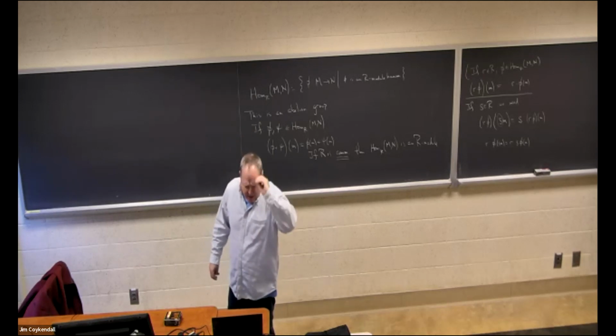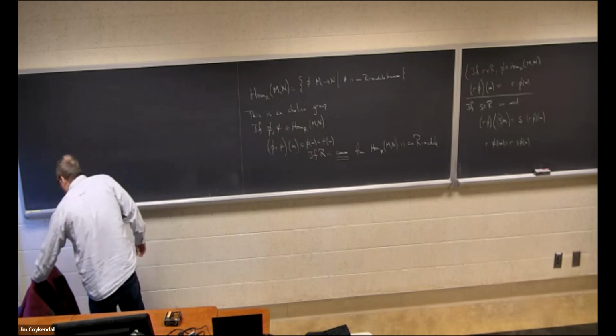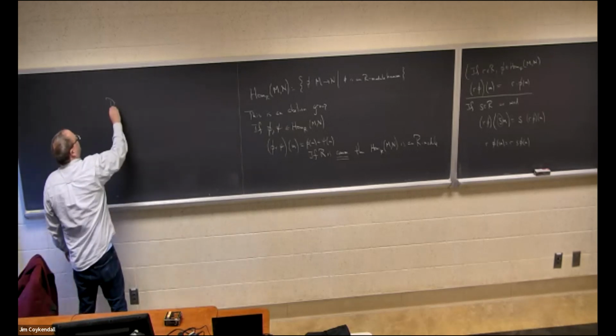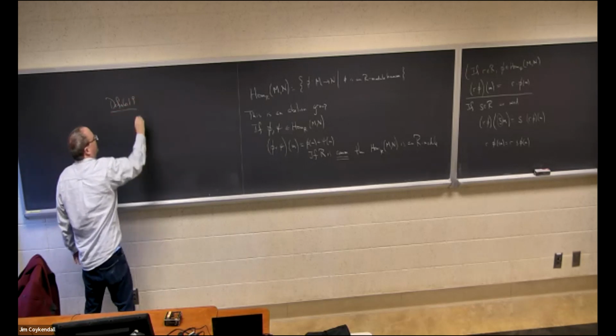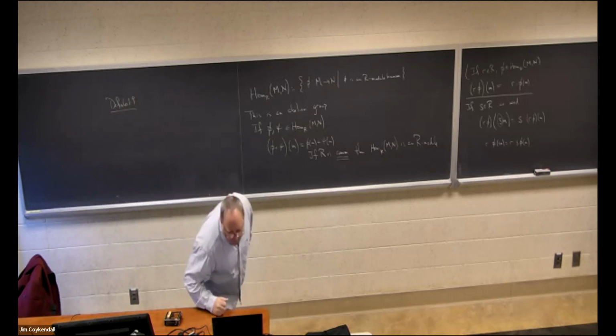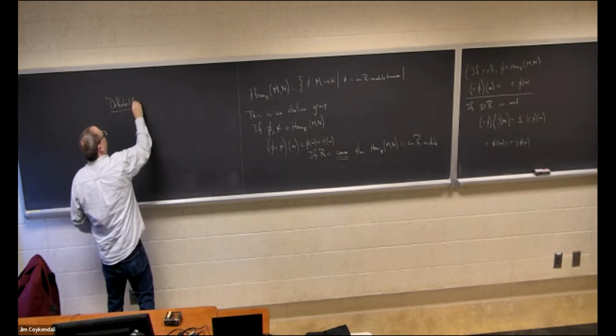Let me give you the following definition, which I think will probably not be a surprise to anybody. Whenever you define a structure in algebra, you almost always follow up with the substructures.